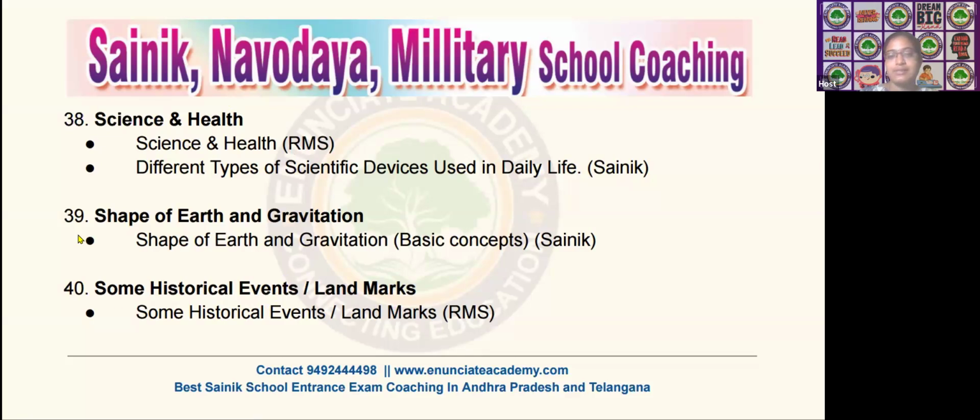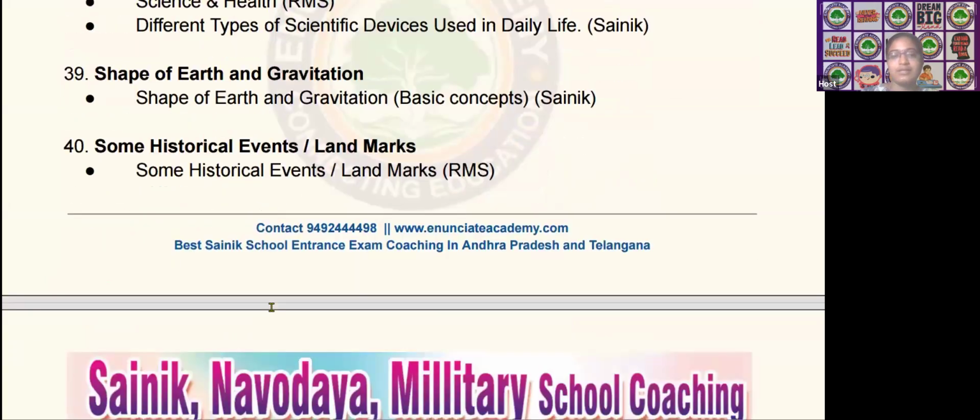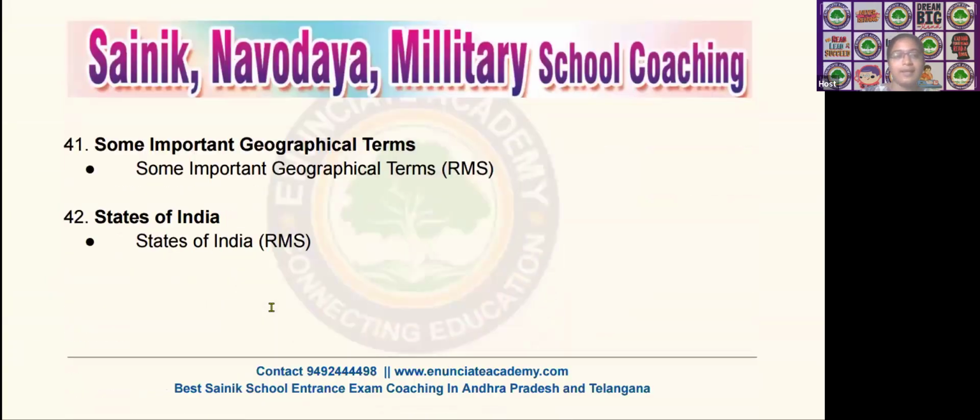Basic concept, it is from Sainik. And the next one, some historical events and landmarks. Okay, it is RMS. What are the historical events and landmarks? And the next concept, some important geographical terms. Okay, we should learn for the RMS exam.